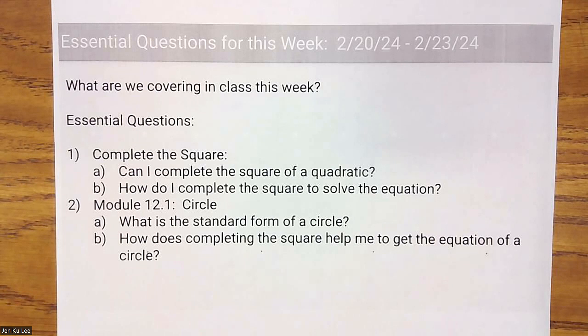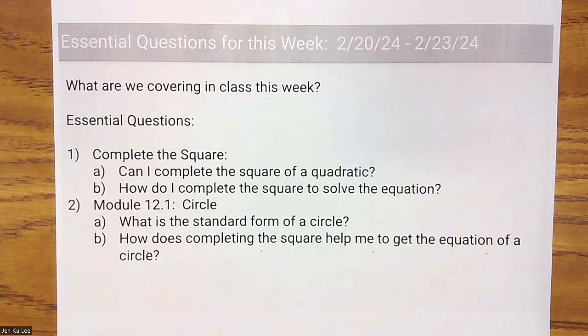The skill of completing the square, you can use, and we're going to learn how to use it to solve the equation. But we can always rely on factoring and the quadratic formula, right? Which are easier than completing the square.